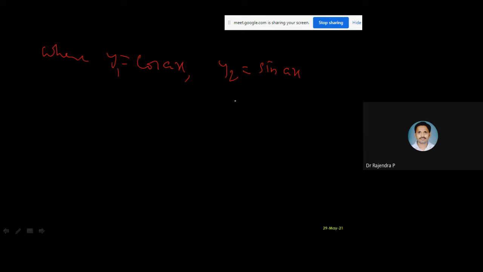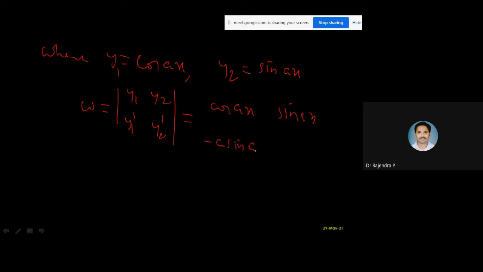And then what next? We need to find W. Don't forget this, it's the Wronskian determinant, which helps you to find your U and V. The formula for this is the determinant of y1, y2, y1 dash, y2 dash. So this is cos ax, sin ax. The derivative of cos ax is minus a sin ax, and this is a cos ax.